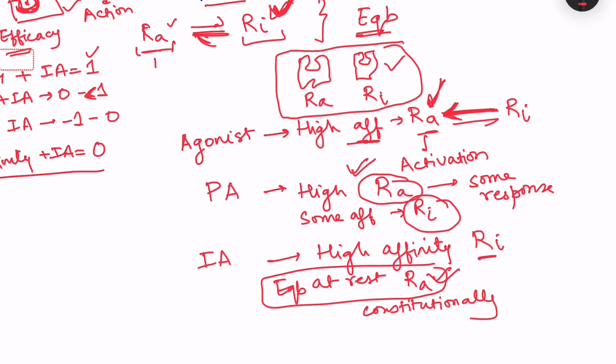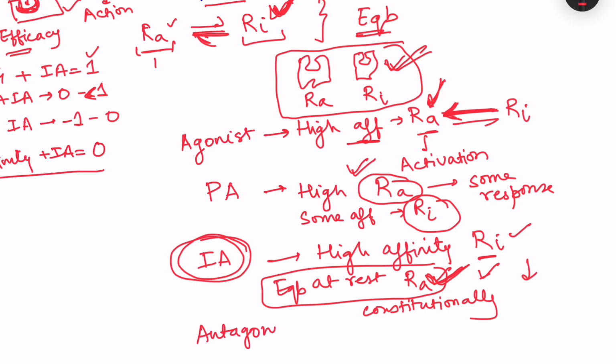I told you that according to this theory, most of the receptors are in RI state, but inverse agonists are active for those receptors for which constitutionally RA, that is the activated state, is active. That's what we discussed before also, right? So when this drug binds to the RI state, the equilibrium shifts to the inactivated state, and the response is going to decrease.